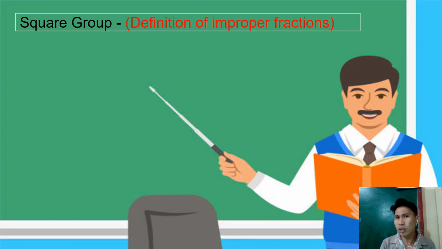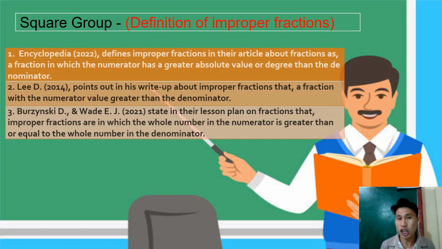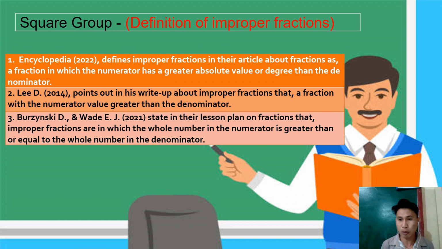How can this square group generate the idea of being experts? Of course, the teacher prepared the activity and also the guided questions that help the learners become experts on their specific task. Example, the square group, which focuses on the definition of improper fraction. The teacher presented a research-based instruction which focuses on definition.